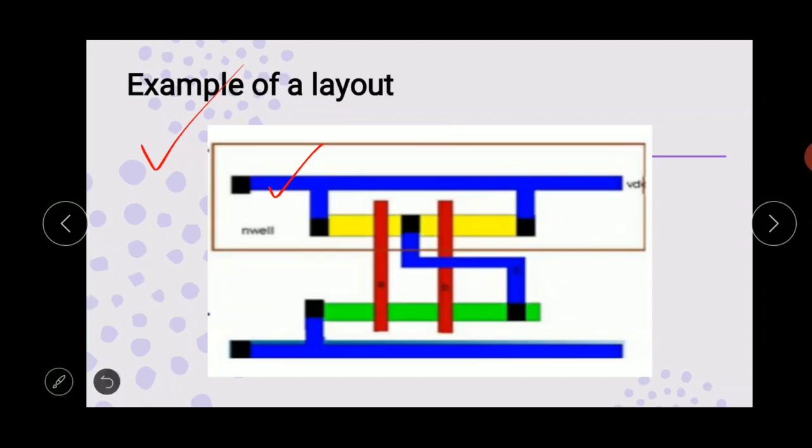Blue means metal, red means polysilicon, green means N diffusion, yellow means P diffusion, and these black points denote the contact cuts. Different colors are used for different materials so that it is easy to identify the materials.